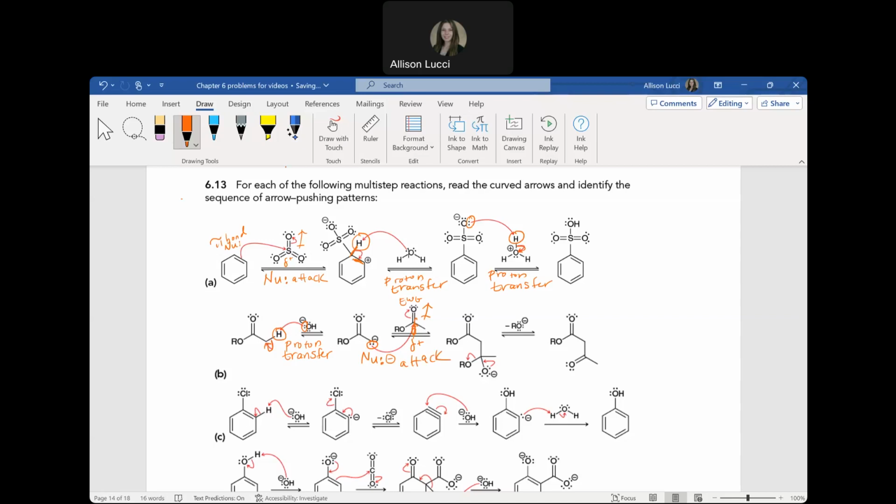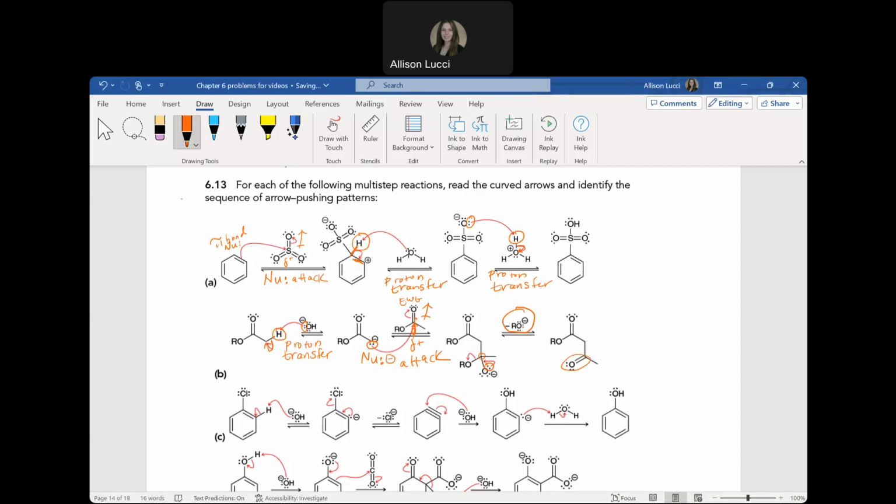And then last, we see loss of a leaving group. So specifically over the arrow here, we see minus RO. So what happens is we have the movement of a lone pair from the oxygen atom to form a double bond here. And that kicks out, right?